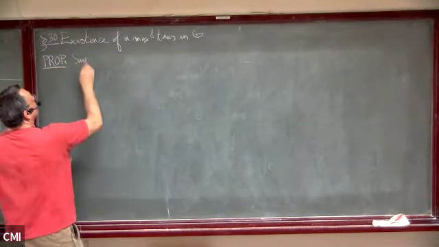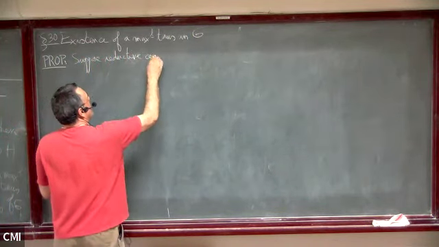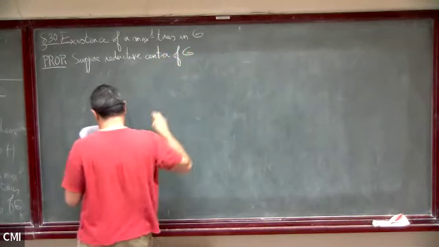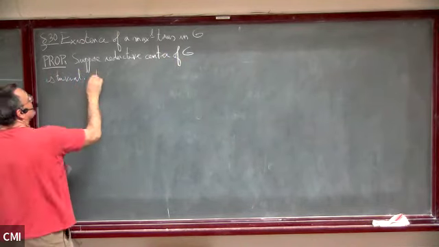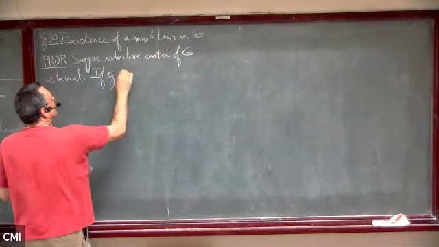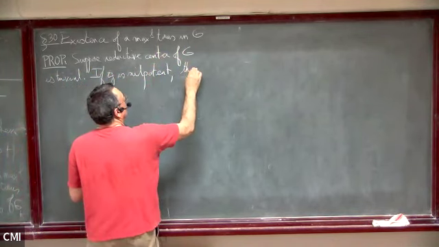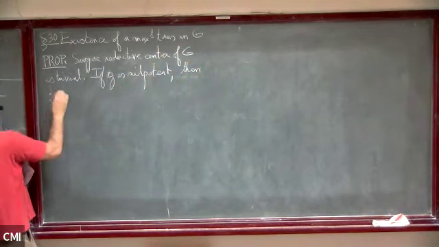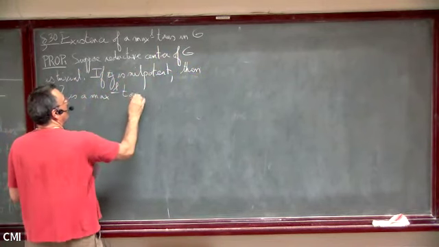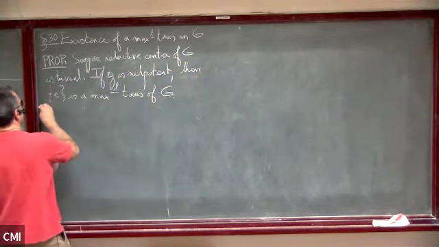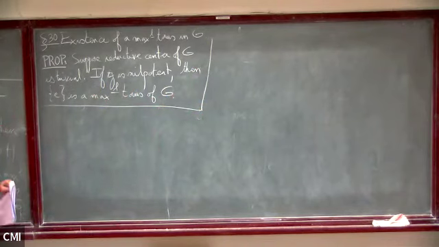Suppose G is reductive, the center of G is trivial, and G is nilpotent, then the trivial group is a maximal torus of G. Okay, so this is one extreme case, and then we do the general case.